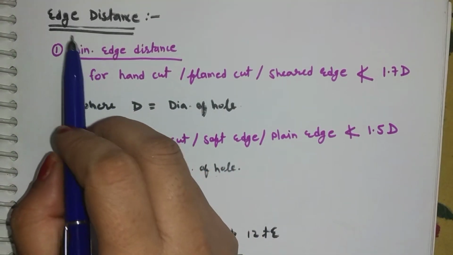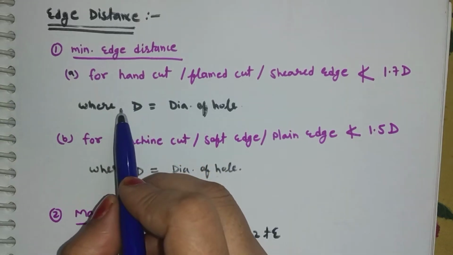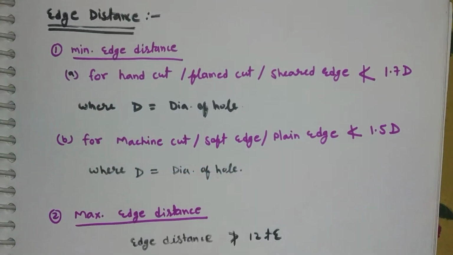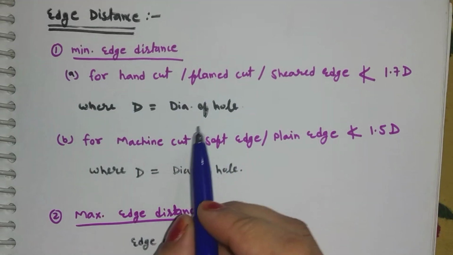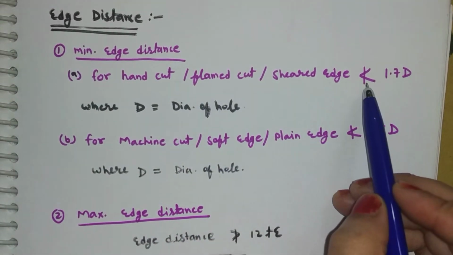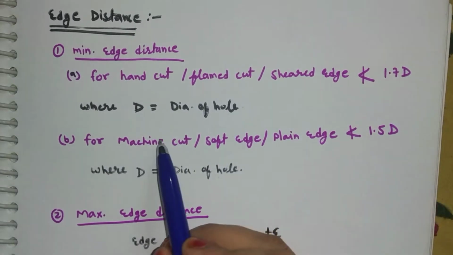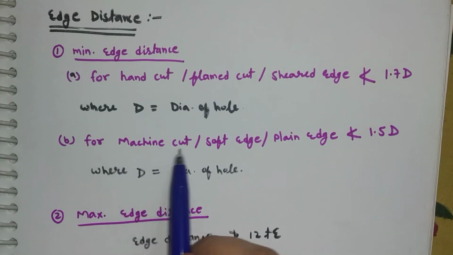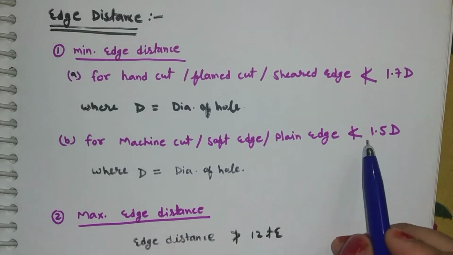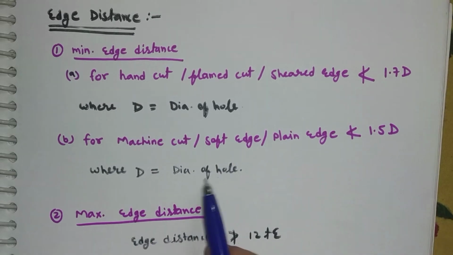So for the minimum end distance, hand cut, flame cut, and sheared edge is not less than 1.7 d, where d is the diameter of the hole, and for machine cut, sawn edge, planed edge, not less than 1.5 d, where d is the diameter of the hole.